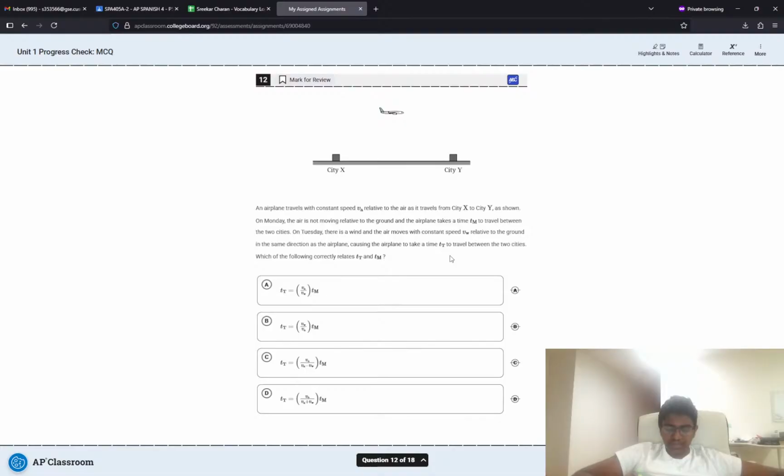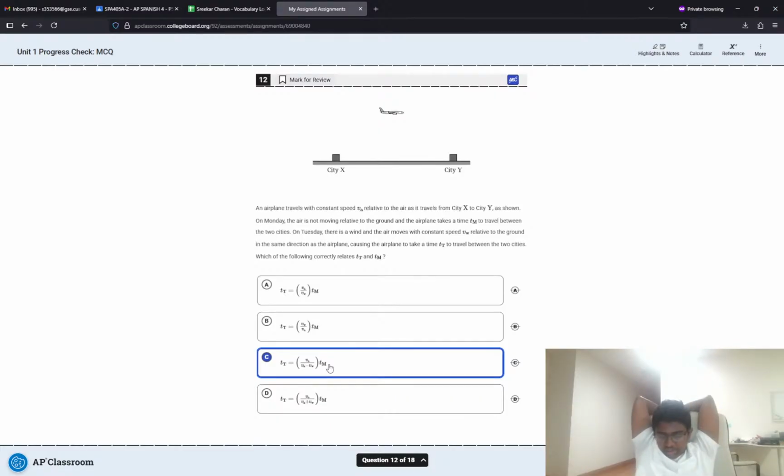So I think it's VA minus VW over VA. I think it's C. Because, for example, if the wind isn't moving, it moves at the same speed. Yeah, C seems right to me.